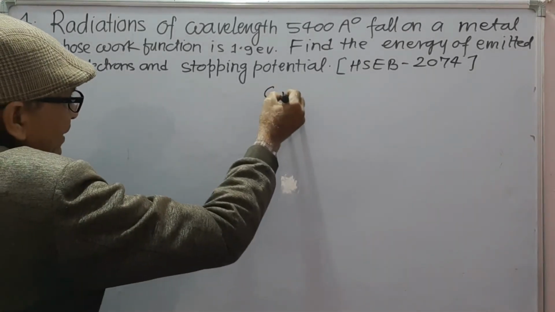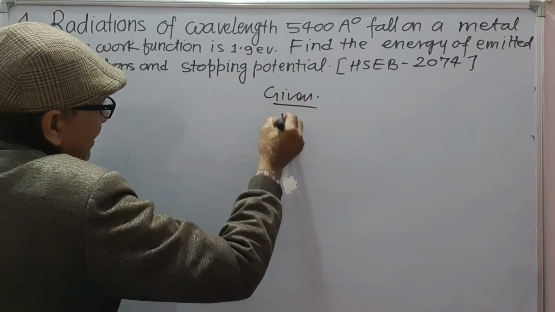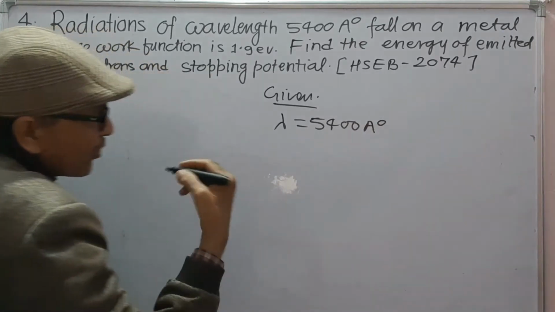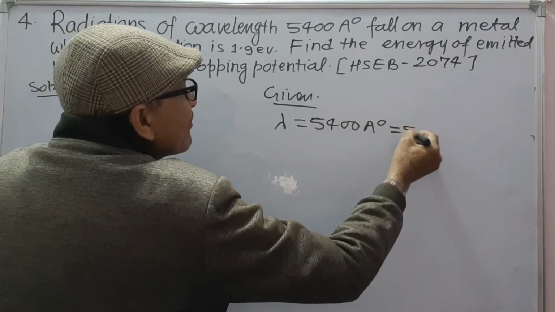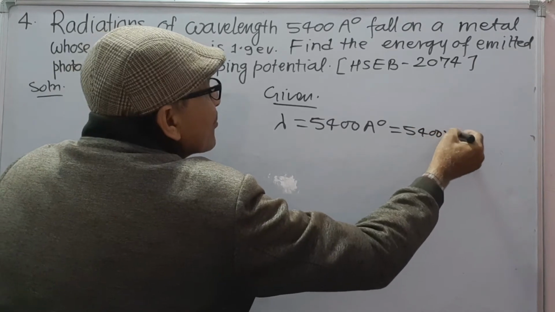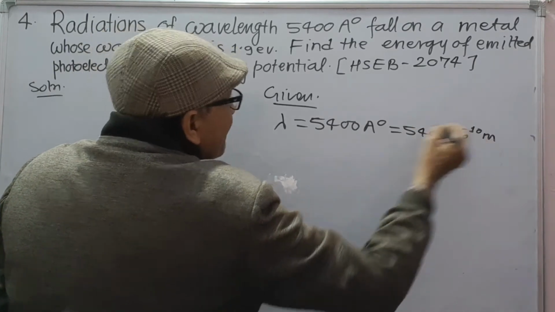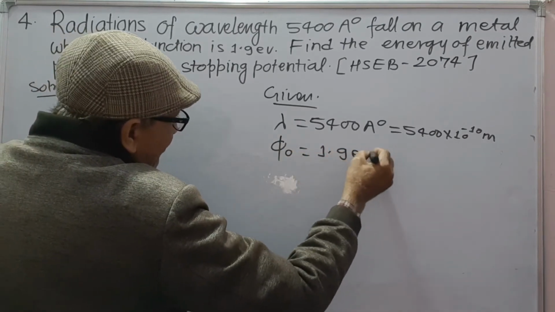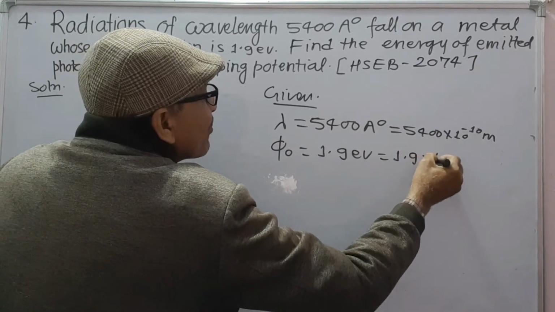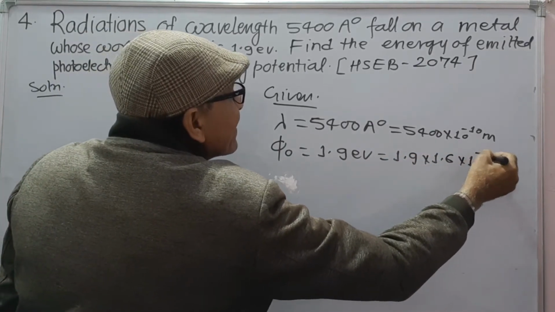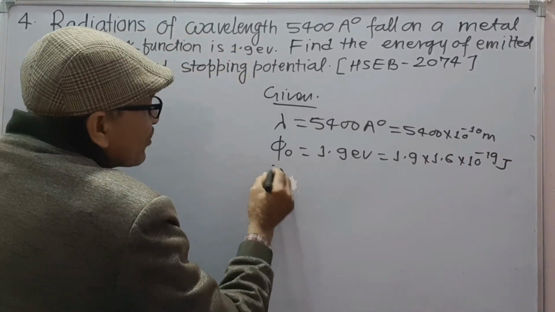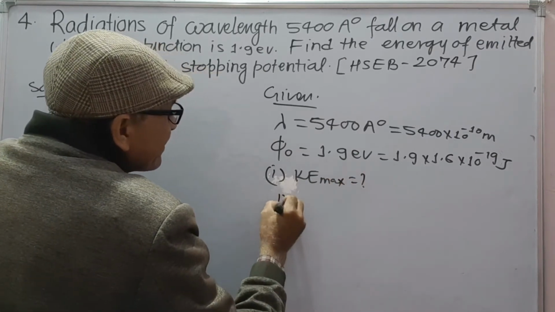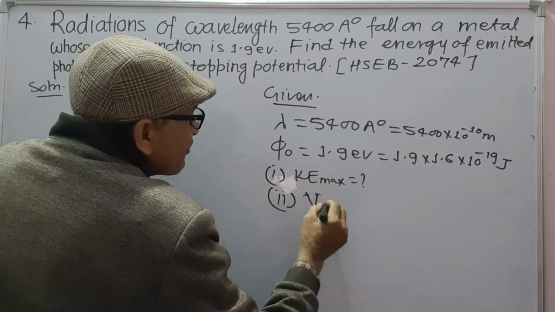Here we have lambda as 5400 angstrom, and as you know 1 angstrom is equal to 10^-10 meter, and the work function is 1.9 electron volt, which is 1.9 × 1.6 × 10^-19 joule. First we have to find KE max, and second, the stopping potential.